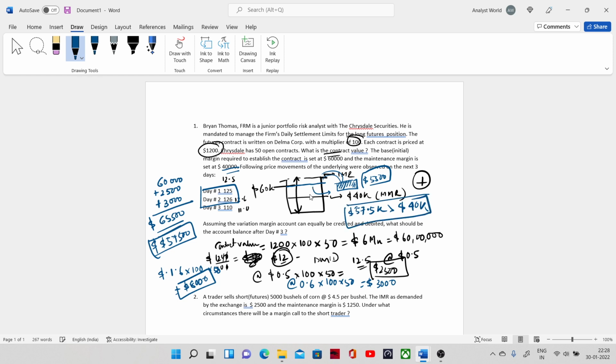Had it been touched, then the long to the contract would have to make good from this 40,000 back to the 60,000. That means an additional 20,000 he will have to immediately post, should there be a situation like that. But in this case, even after 3 days, the margin balance is positive in favor of the long to the contract. All right.